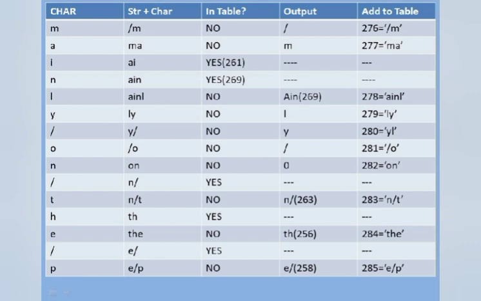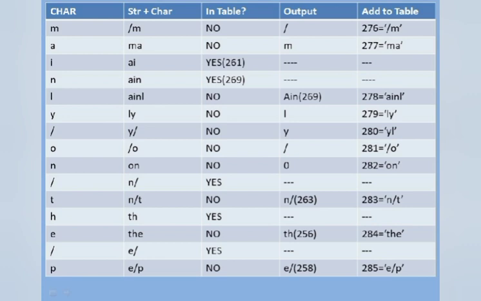After A, I will be read and the new string will become AI, and this AI exists in the table at position 261. So whenever something exists in the table, the output is nothing and nor we are going to add anything to the table.